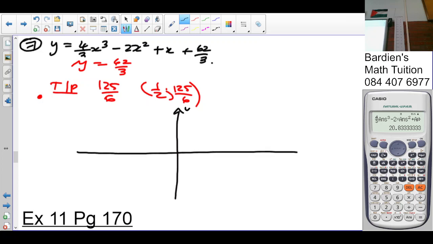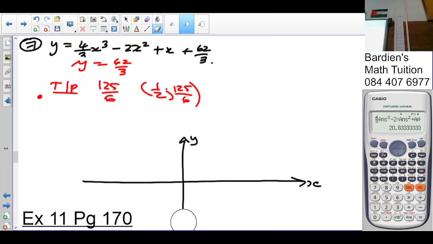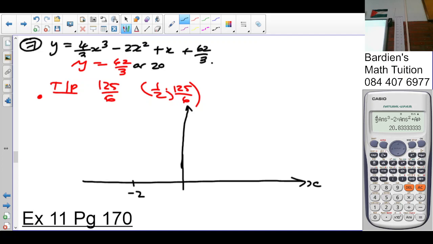So earlier on we worked out our x-intercept, and our x-intercept worked out to be negative 2. So it's negative 2 approximately there. Then it cuts your y-intercept at 20,6 I think, no? 20,6 recurring.